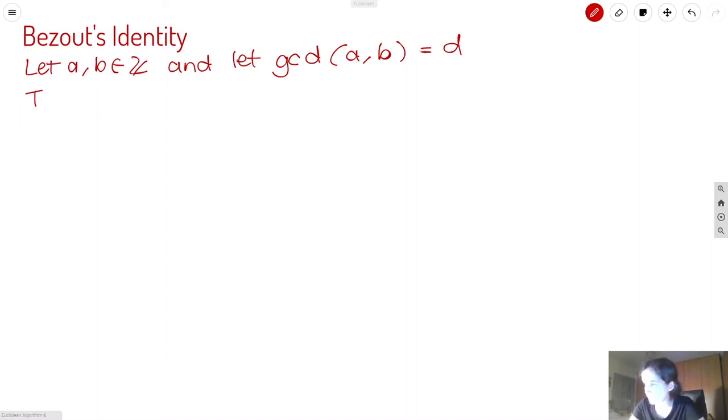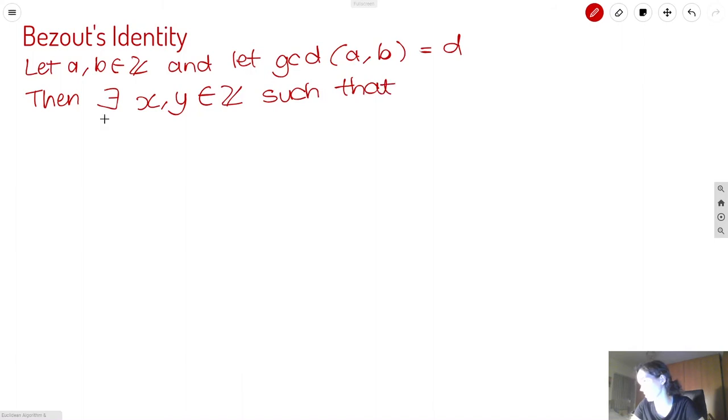Then there exist integers x and y such that ax plus by is going to equal d.